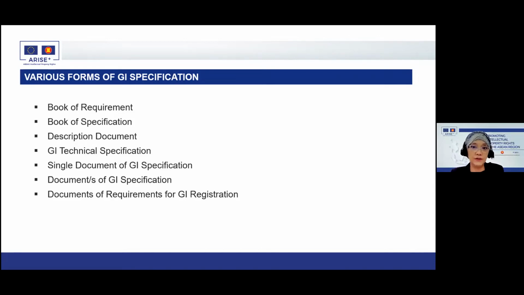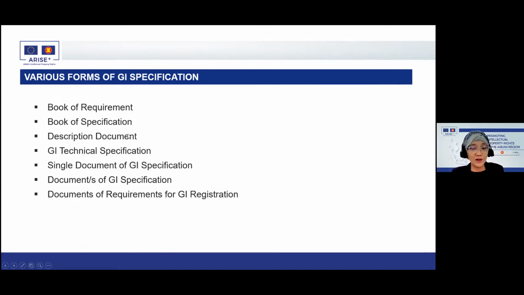Some other countries use the document of GI specification. So we've got many terms, but it's not very distinctive. The elements are the same. So it can be in the form of a book of requirements, which is very thick, or a book of specifications, quite thick as well.